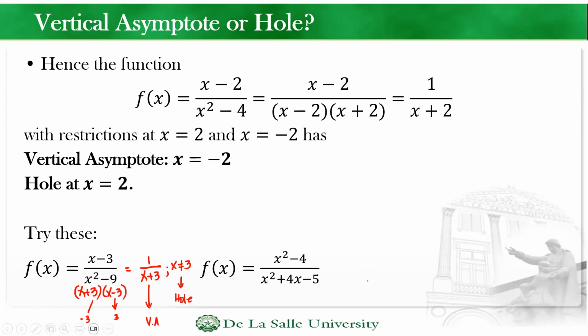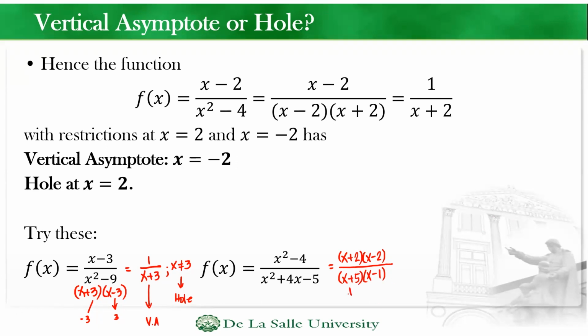Let's try another one. On top, it becomes x plus 2 and x minus 2. At the bottom, it's x plus 5 and x minus 1. So the thing is, can I cancel out anything? Nothing canceled out, right?